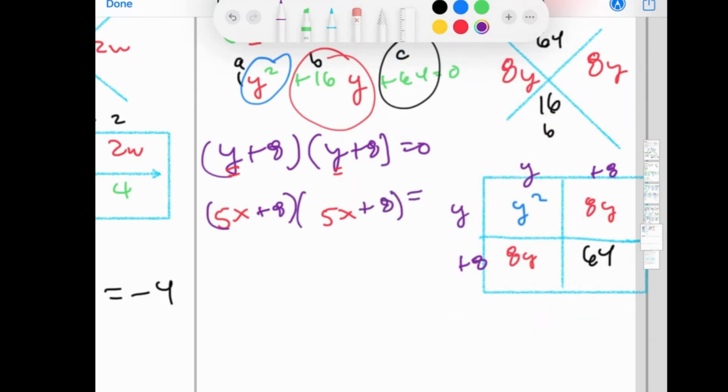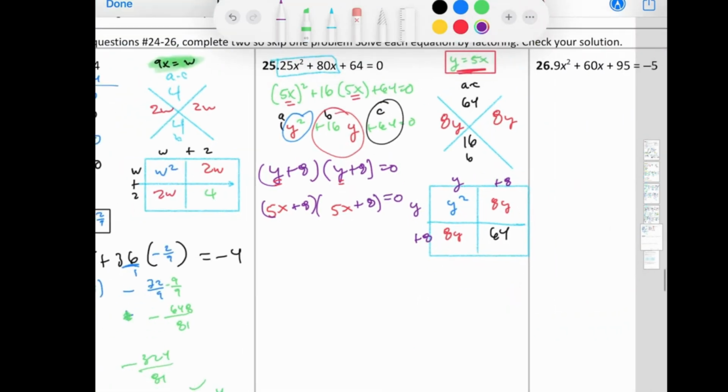Now you can do this without the substitution. You're just working with super large numbers. Set that one equal to 0. Solve. Oops, that should be negative 8.